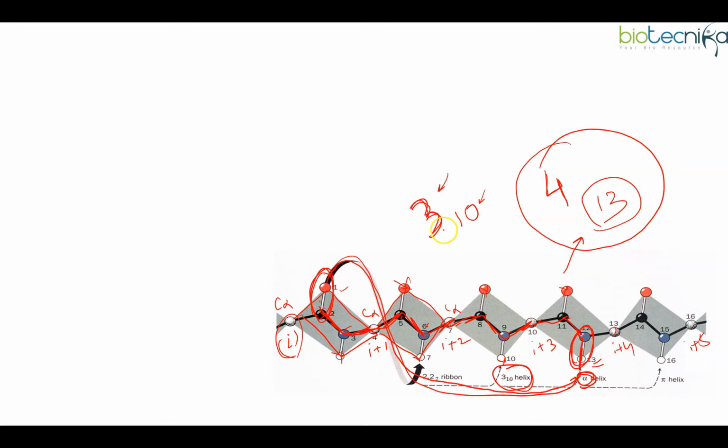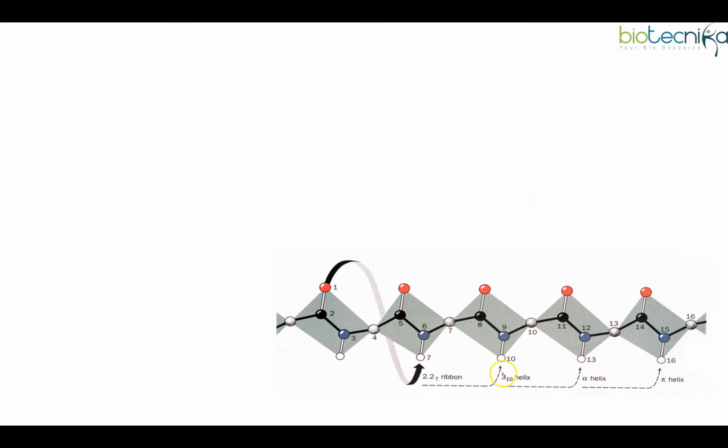So in 3-10 helix, you have the hydrogen bonding from I to I plus 3, not I plus 4 as in alpha helix. Okay, so here the hydrogen bond is 3 residues away. In one turn there are roughly 3 amino acids, and most importantly there are 10 atoms in the hydrogen bond backbone. So for 3-10 helix, the bonding is CO of I to NH of I plus 3. Here if you see, 10 atoms are covered.